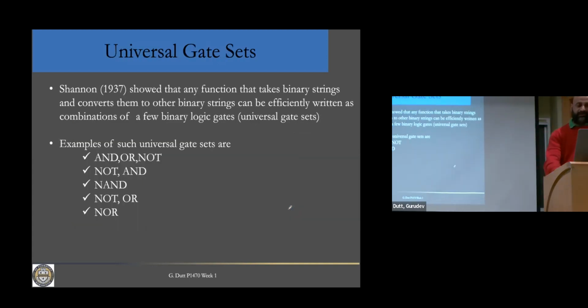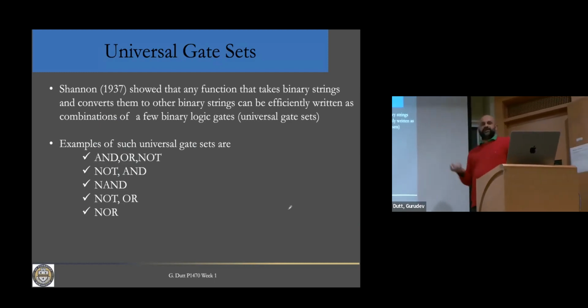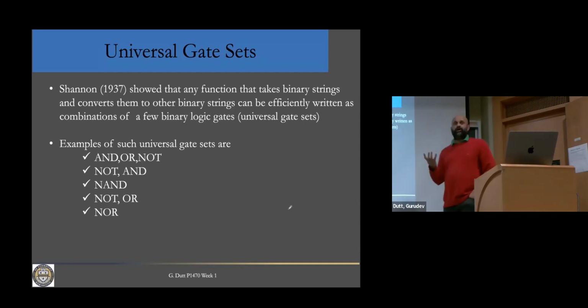Okay. The point is, along with this half adder, you can see that we can make up any set of gates that we want with a few of these simple gates, like the gates that we have discussed so far: not, and, or, etc. And Shannon showed that any function that takes binary strings and converts them to other binary strings, which is what a computational operation does, right?